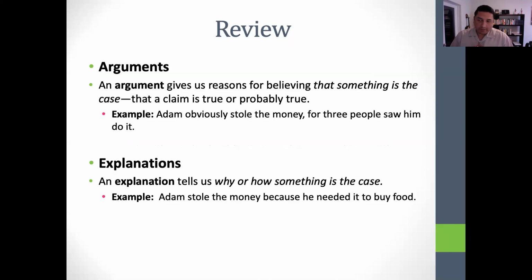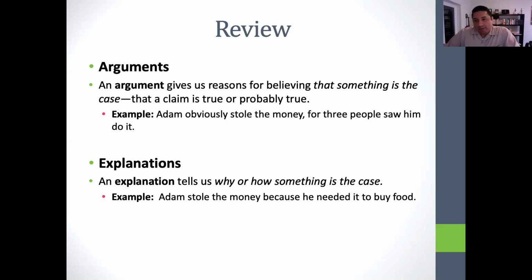Now, by way of review, we're going to build on these concepts that we learned in the previous chapters. We made a distinction earlier between arguments and explanations. An argument is a passage that gives us evidence or reasons for believing that a conclusion is true, or probably true.